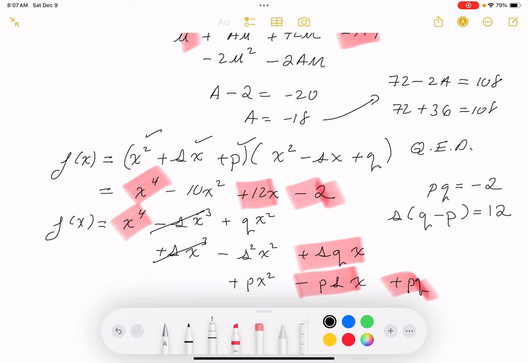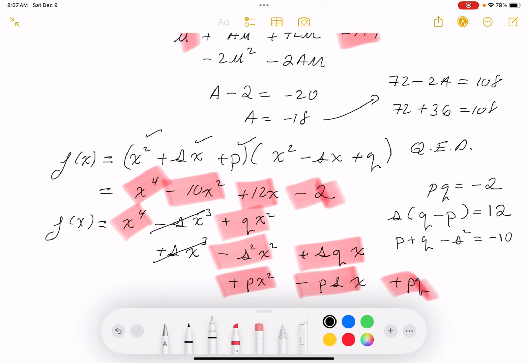All right, that's done. Now, the next thing I'm looking at are these three terms, and they better sum to the minus 10, the coefficients, by the way. So let's write that down. And that's going to be, let's see, s squared. No, I'm sorry, p plus q minus s squared equals minus 10.